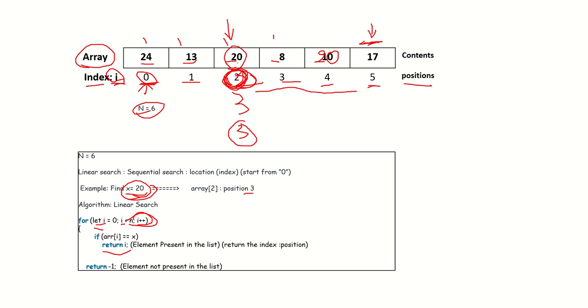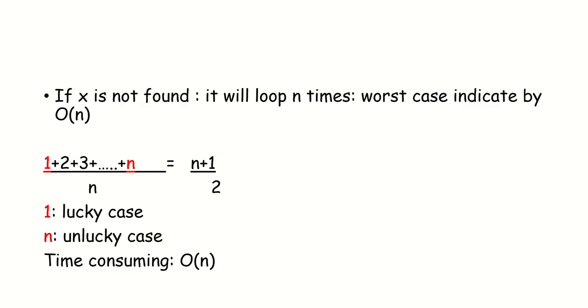As I mentioned here, if x is not found, it will loop n times, meaning I have to reach the end of the table.